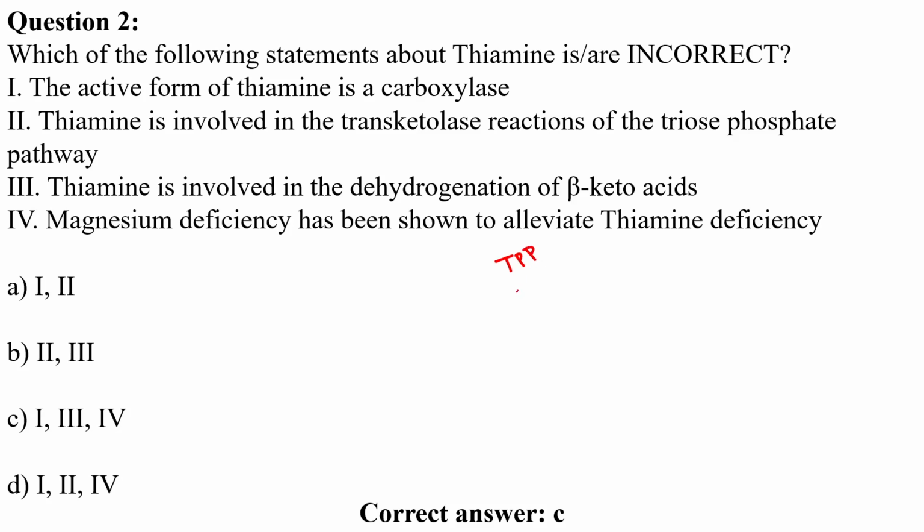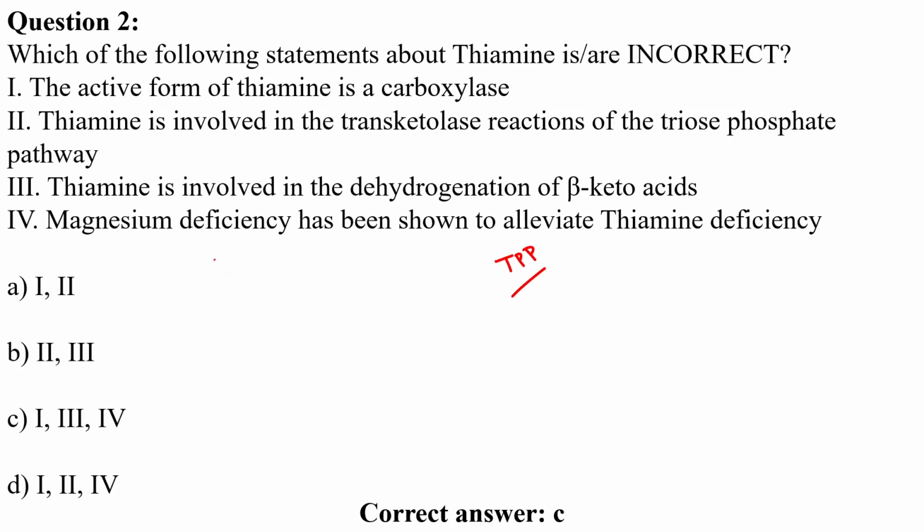This is the active form of thiamine, where 2 phosphates are attached to the thiamine structure. It is involved in the trans-ketolase reaction of the triose phosphate pathway. It is involved in the decarboxylation of the beta keto acids. We will see how it is doing the reaction.